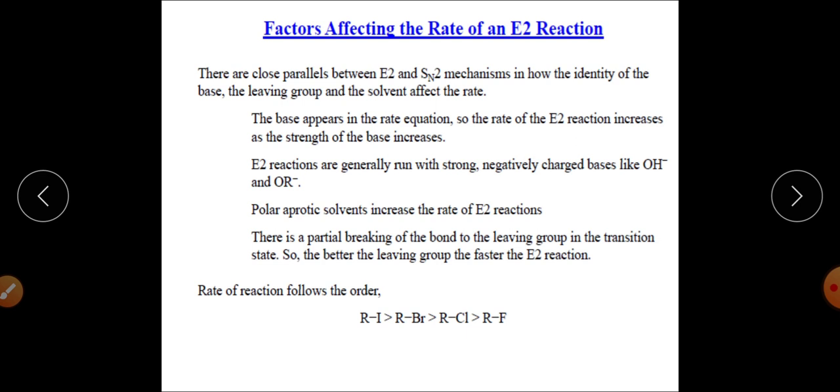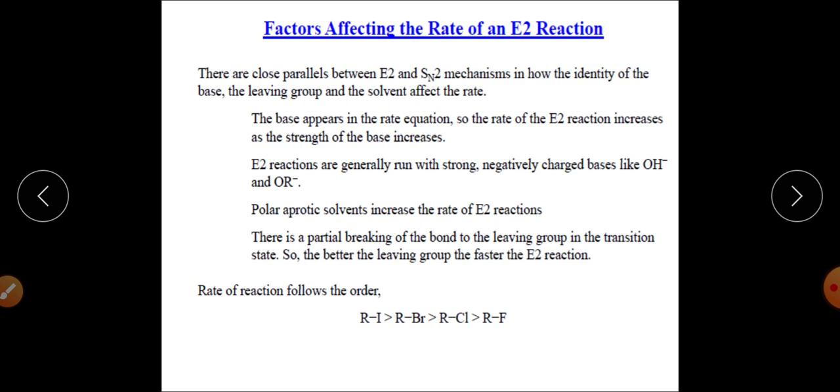It means it will be greatly affected by the concentration of the base, the nature of the base and its basicity. When we increase the strength of the base, the rate of the E2 reaction will increase. It will be greatly affected by the kind of base, the nature and strength of the base.